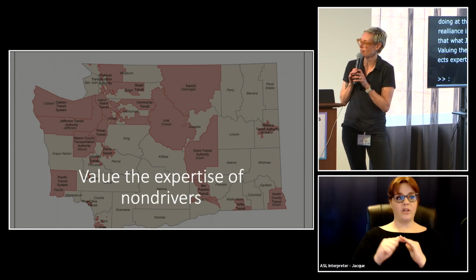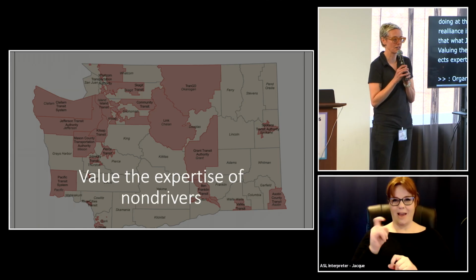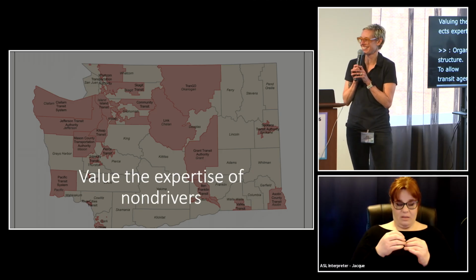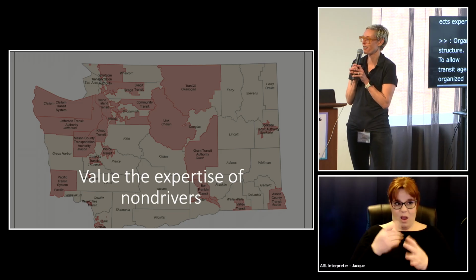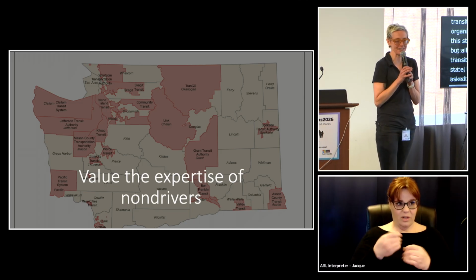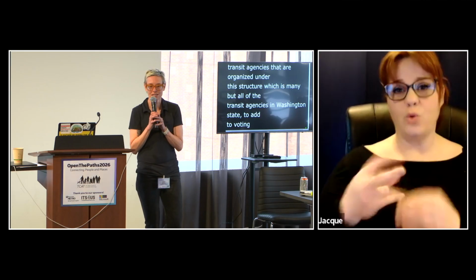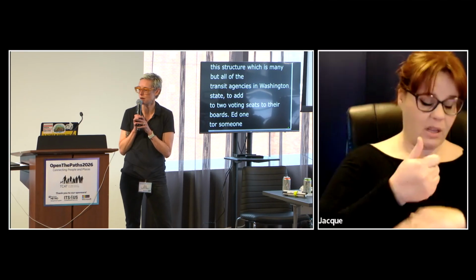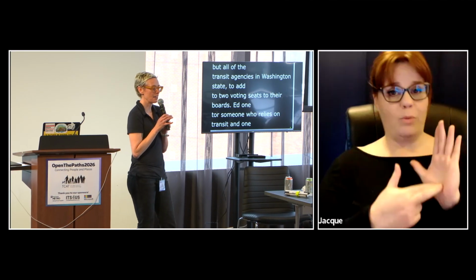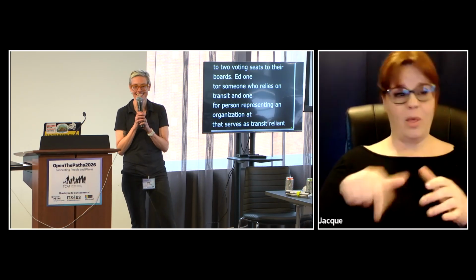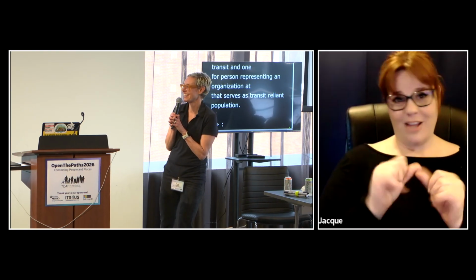We passed a law last year at Disability Rights Washington to allow transit agencies organized under this PTBA structure, which is many but not all of the transit agencies in Washington State, to add 2 voting seats to their boards. One for someone who relies on transit and one for a person who represents an organization that serves a transit-reliant population. Not a single transit agency has taken us up yet on this change.